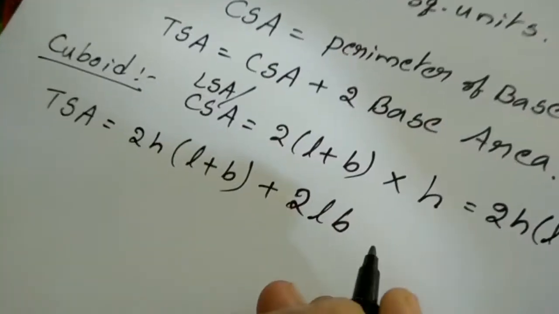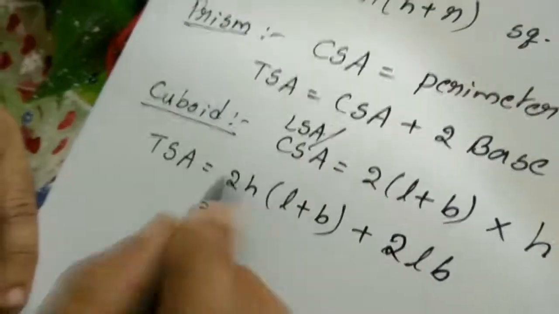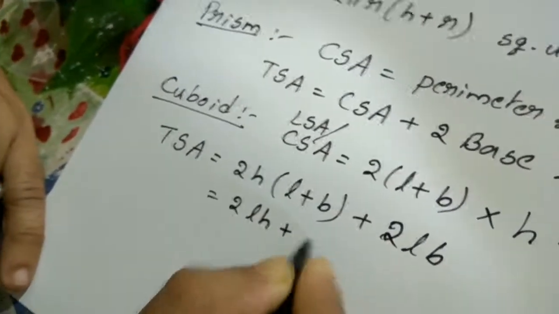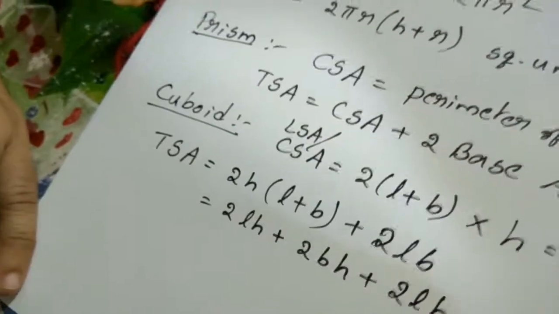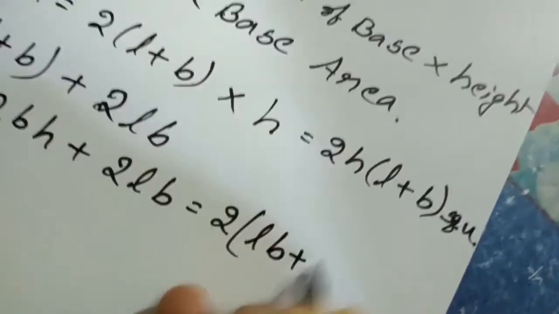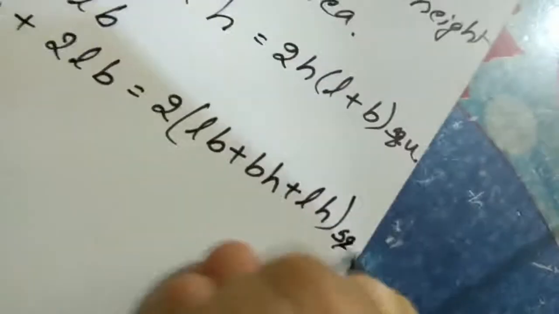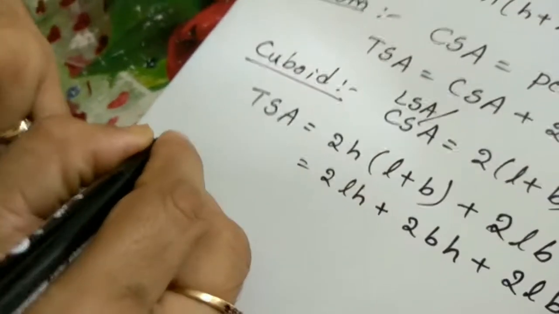In fact, if you remove the brackets, you are going to get 2 into LH plus 2 into BH plus 2 into LB, where you can take 2 as common, and inside the brackets you will find LB plus BH plus LH square units as the area. Got it? The derivation is simple, right?